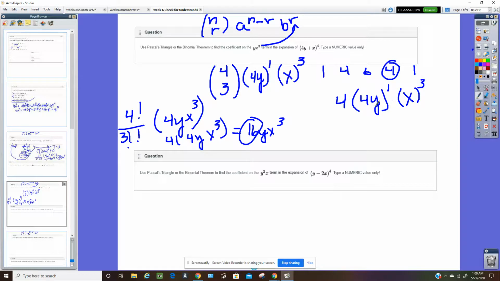So I multiply these together, I get 16y x cubed. So either way I do it, I still get the same coefficient, which is 16.